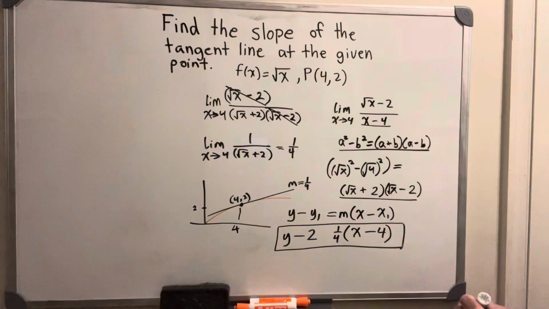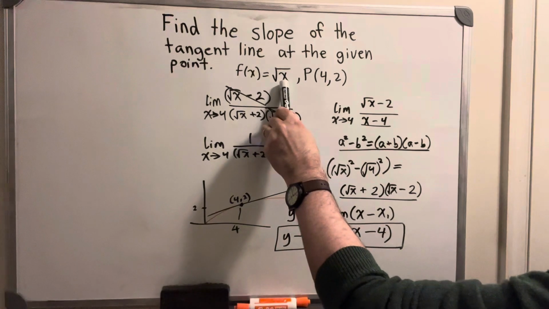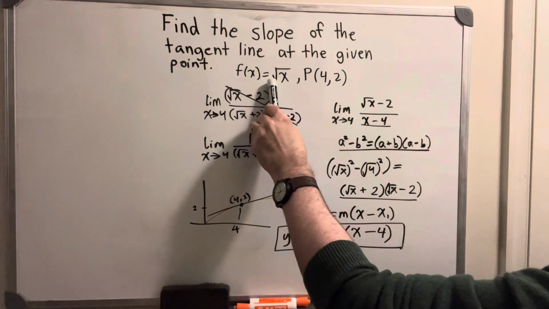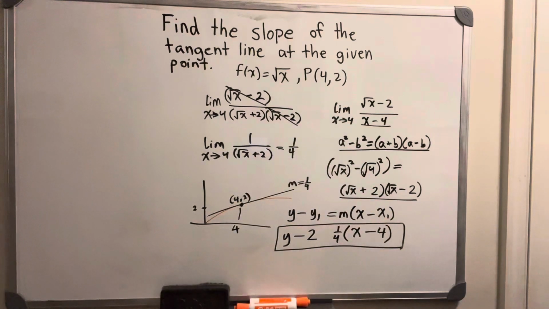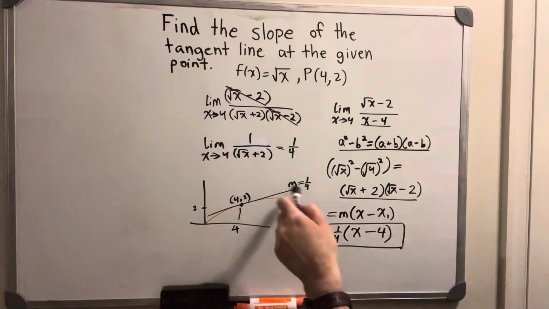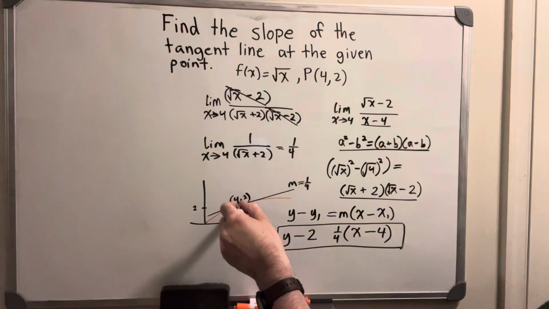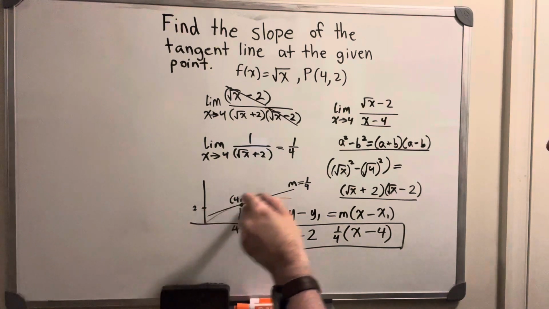Let's review what we had to do to solve this problem. First of all, given this function, we drew a picture with the tangent line at that point.